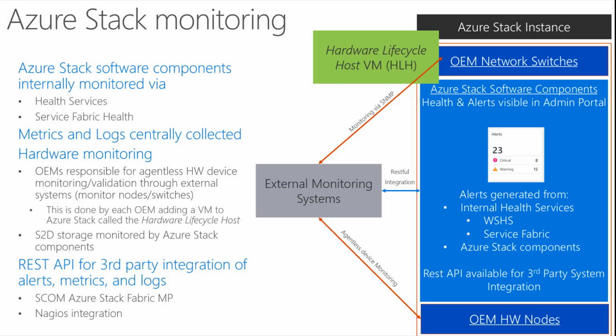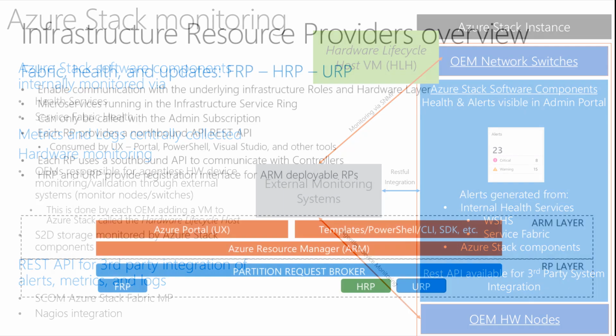And the one thing I like about it, in customers that in particular have multiple stacks, since we currently do not have cross-integration across stacks, in other words, each stack is its own endpoint and has a different URL, we still can use SCOM to collect that data across multiple stacks to have a central point of monitoring many stacks in one place. So that's pretty cool. For third-party tools, there's also Nagios, and we gave you that shortcut as well, how to access that.